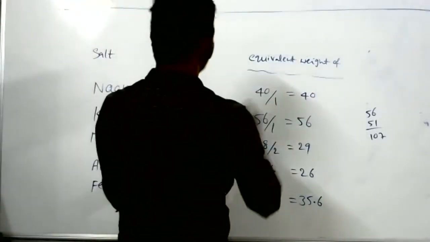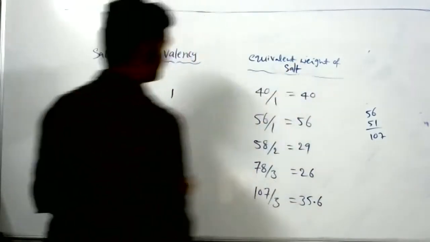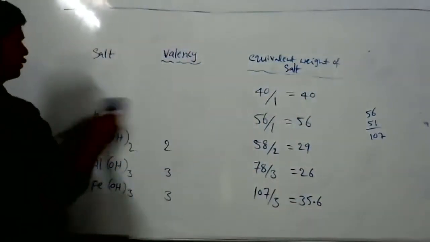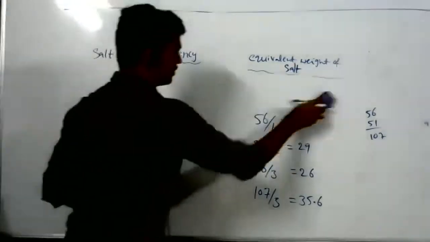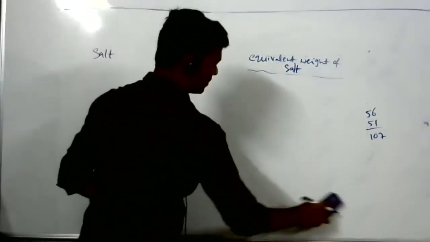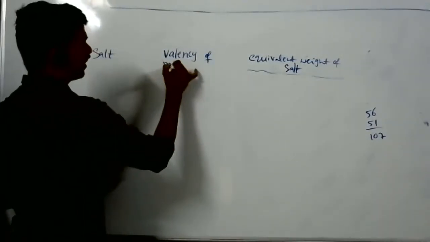Equivalent weight of salt. For your clarification, write the valency of the metal ion.